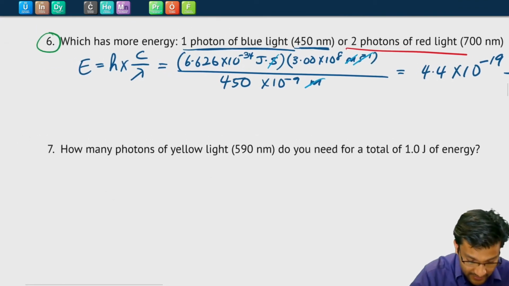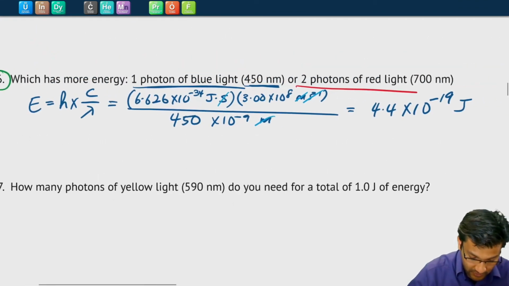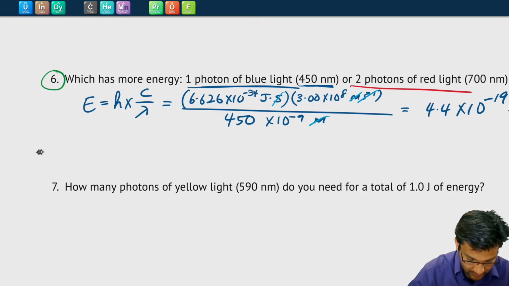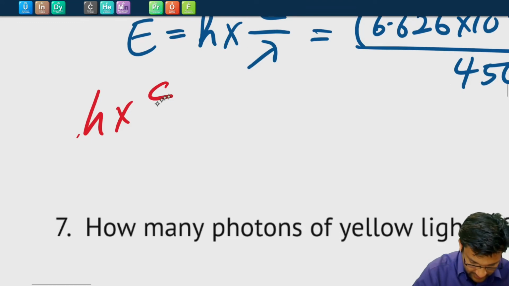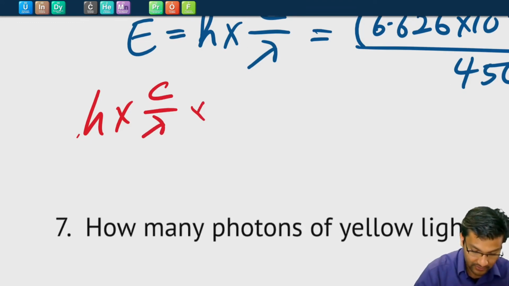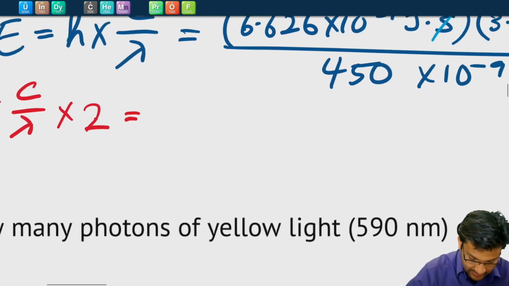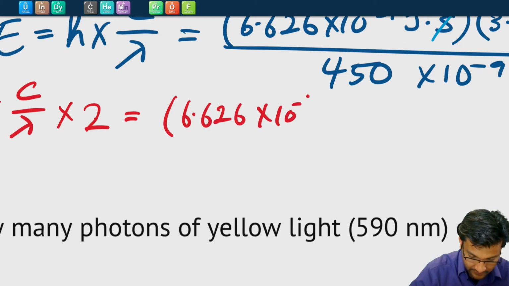Okay, let's figure out the energy for 2 photons of red light. So 1 photon will have h times c over lambda, multiplied by 2 for 2 photons, right? h again is 6.626 times 10 to the minus 34 joules times seconds.